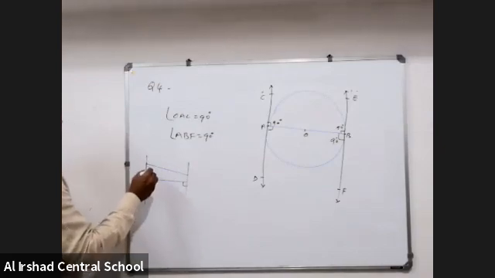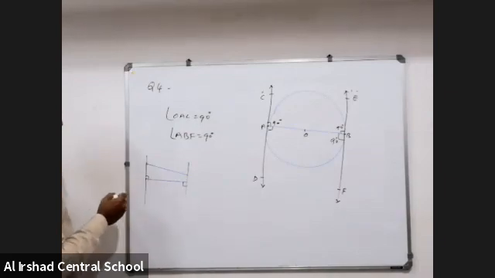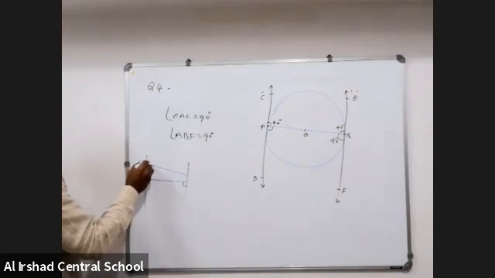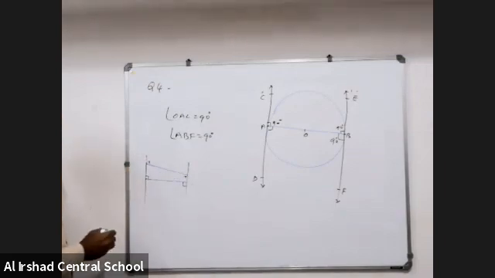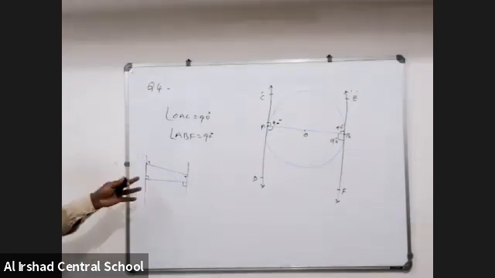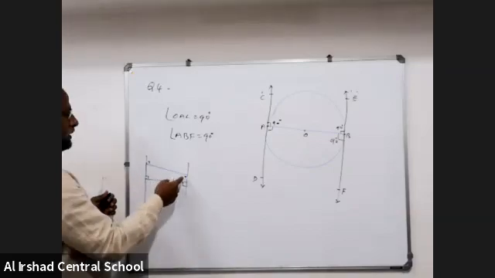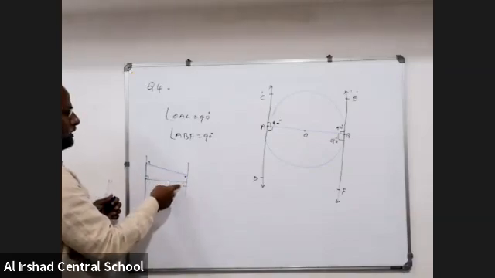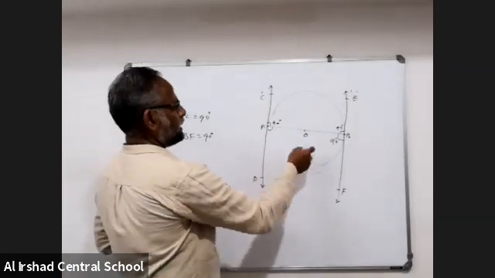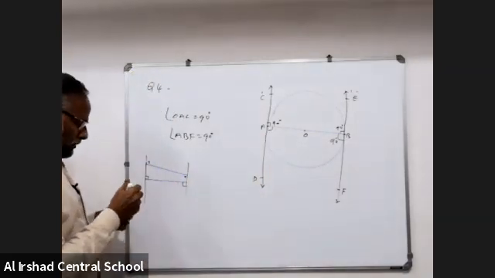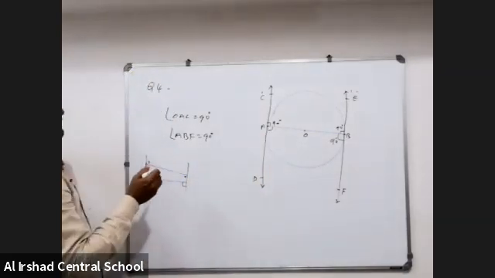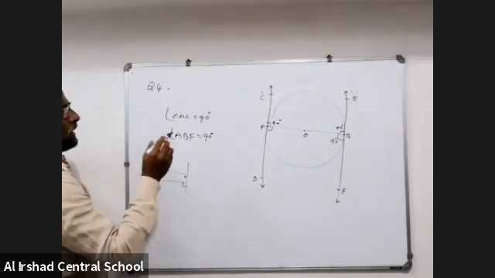Alternate angles are equal. Correct or not? Suppose this is x, this is x. Alternate angles are equal. Here it is given, 90 and 90. So from here, we can say two lines are parallel.